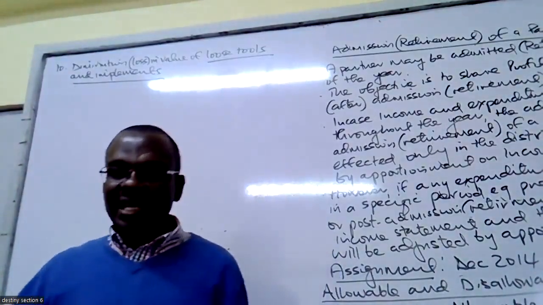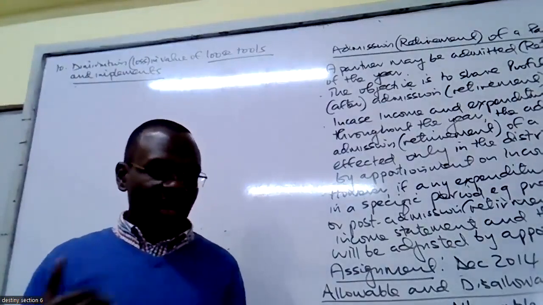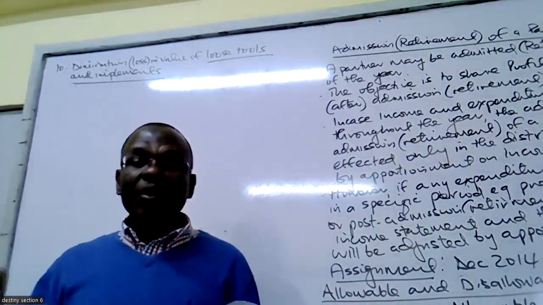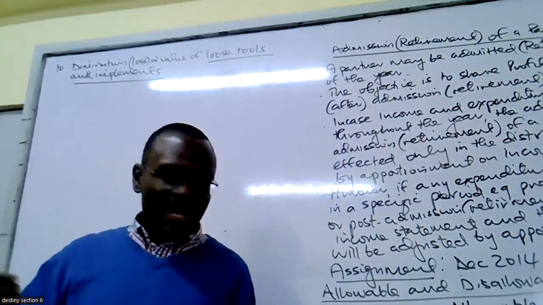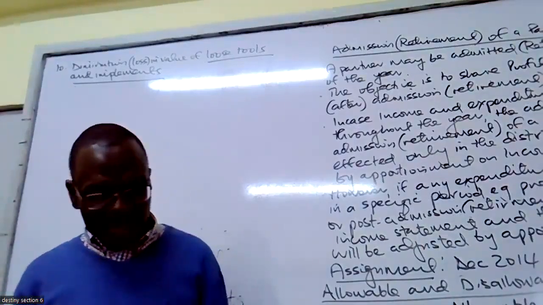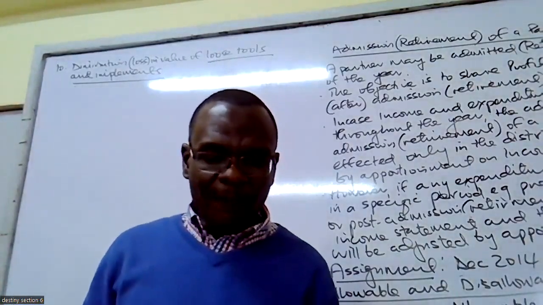The business has taken a loan from a bank. So interest on loans is an allowable expense, or interest on overdrafts, bank overdrafts, or debentures. Loans borrowed by a corporate are referred to as debentures. So any interest on those is allowable.